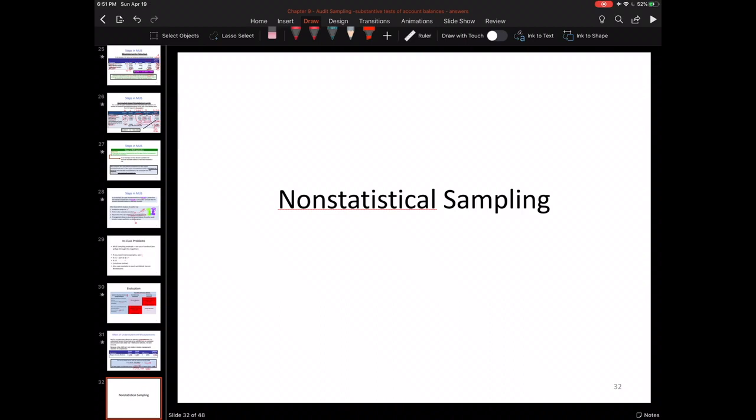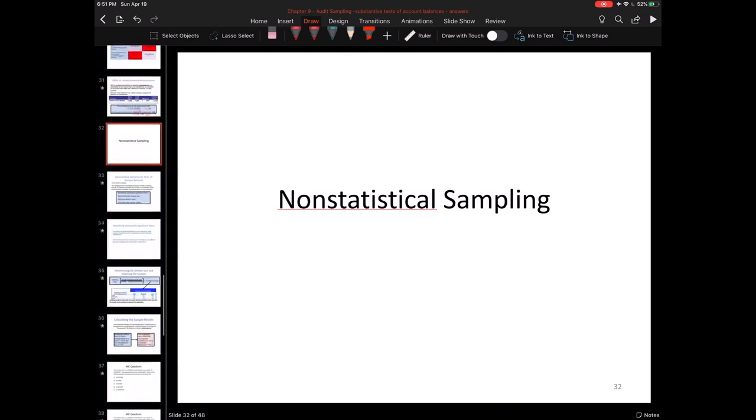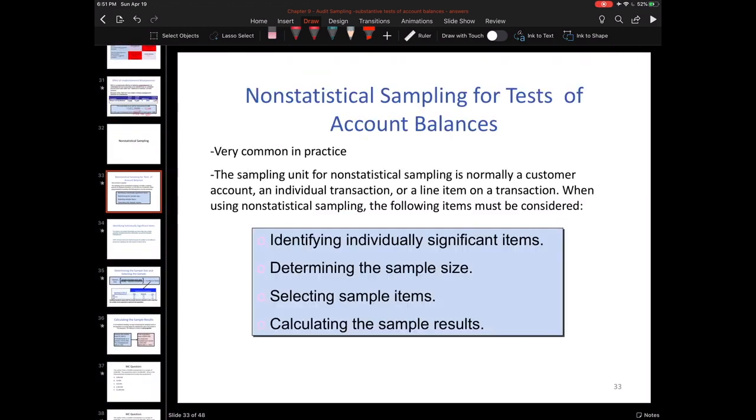Okay, so the second methodology we cover in this chapter is non-statistical sampling. This is very common in practice. I'm sure you remember from chapter 8 when we talked about TOC. You know practitioners love non-statistical sampling, and they really tend to not do a lot of statistical sampling.